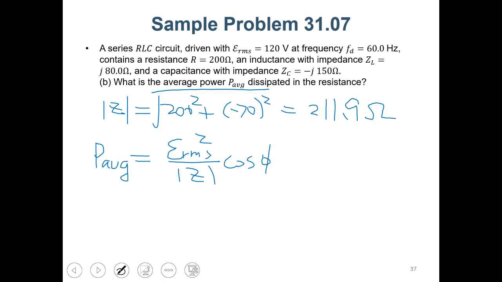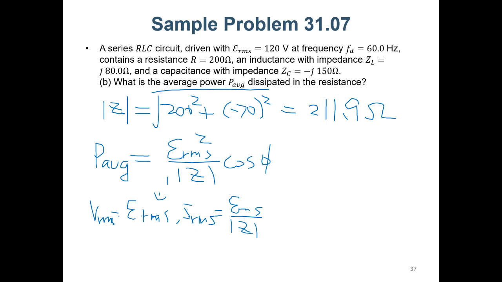Because E RMS is nothing but V RMS, and I RMS is nothing but E RMS over the absolute value of Z. So this will be V RMS times I RMS, multiplied by cosine phi.